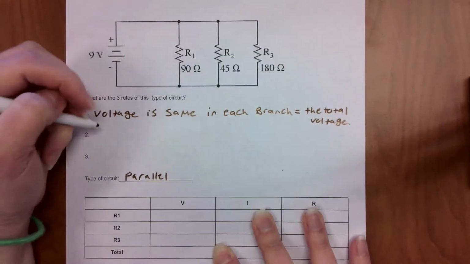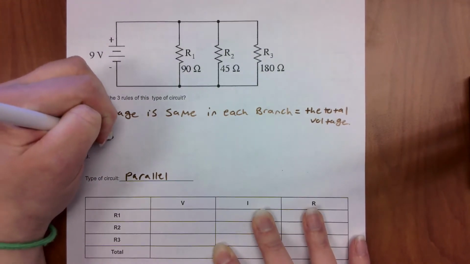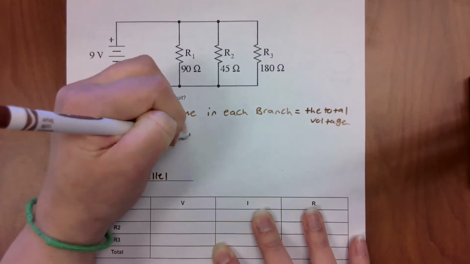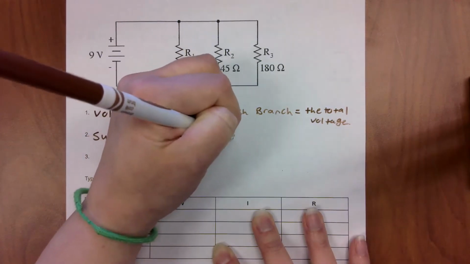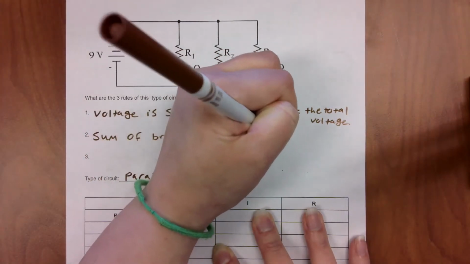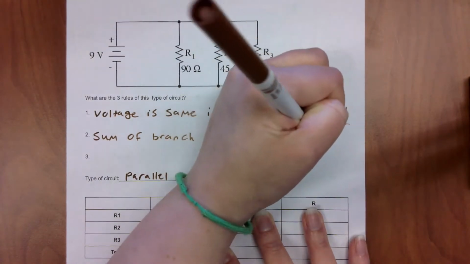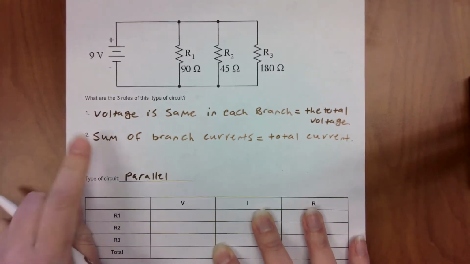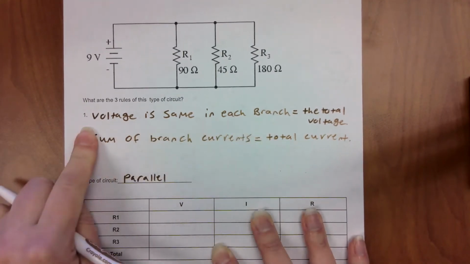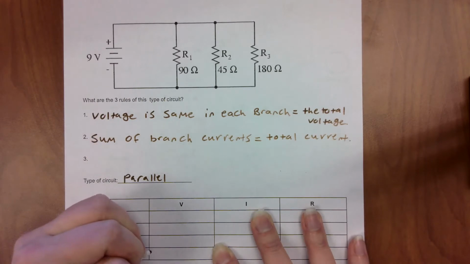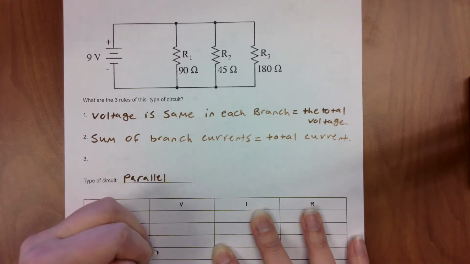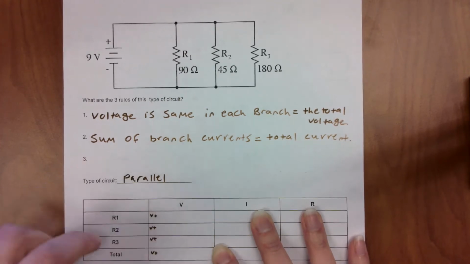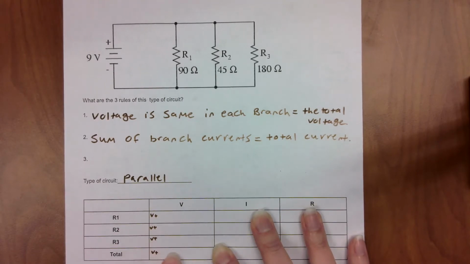The second one is that the sum of your branch currents equals your total current. So I didn't go over each of these separately, but voltage is the same in each branch, which means that whatever the total is here, that's what your voltage here through your other resistors will be.